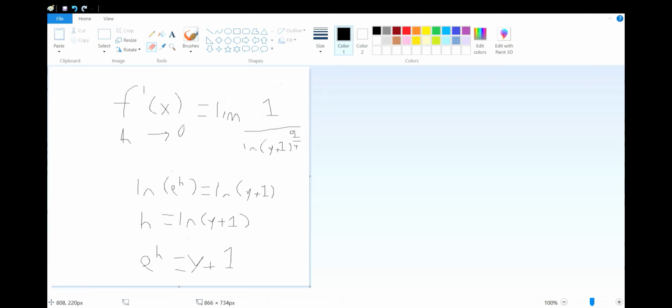Therefore, the denominator becomes ln of e, which by definition of the natural logarithm is 1, so the limit is 1 divided by 1, which is still 1.